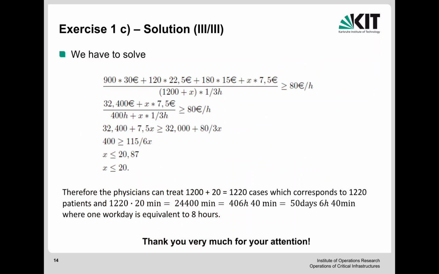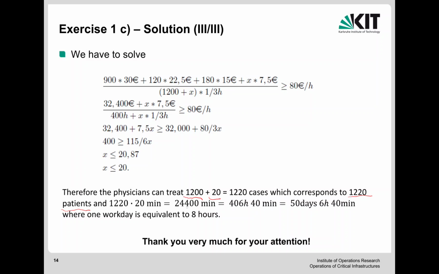So that means the physician can treat 1,200. Okay, this is basically what she's done before, and then 20 cases more. And cases means we have 1,200 patients, and we know that these have to be multiplied by 20 minutes. We know that one case is 2 patient visits, and on average we have these 20 minutes.